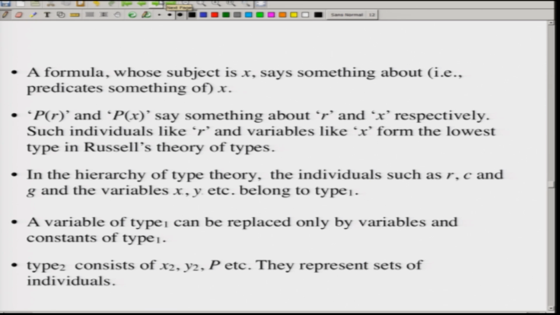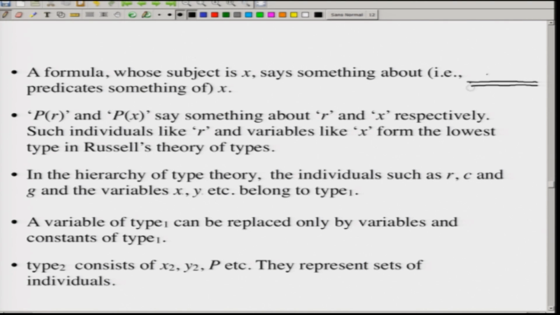Now, we are slowly considering the hierarchy. So, what is a hierarchy? It is a structure where you have the lowest layer and then a layer slightly higher than that, and kind of this is a hierarchy where we are assuming that they do not belong to the same level. In the hierarchy of type theory, the individuals such as R, C and G, say R is Russell, C is whatever, G is whatever, we will see later, and the variables X, Y, etc. belong to type 1.